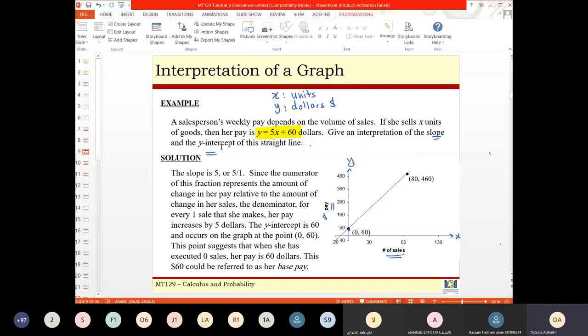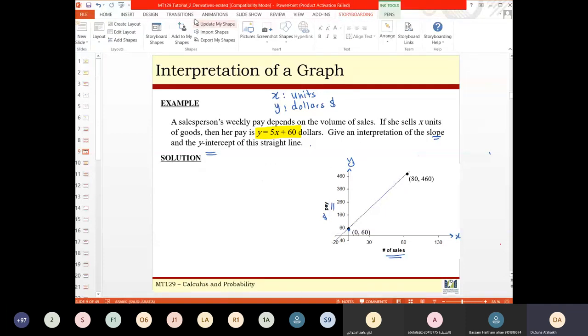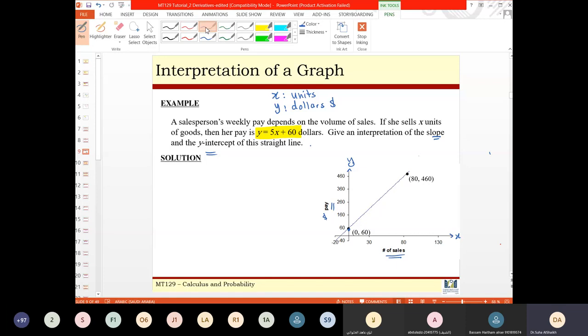Okay. Let me clear up the place here. I have a look first of all للسلوب. The slope is 5. The 5 is nothing but 5 على 1. Why? Because I want to talk about change في y على change في x. هذا السلوب is change y على change x. الحين what's y?